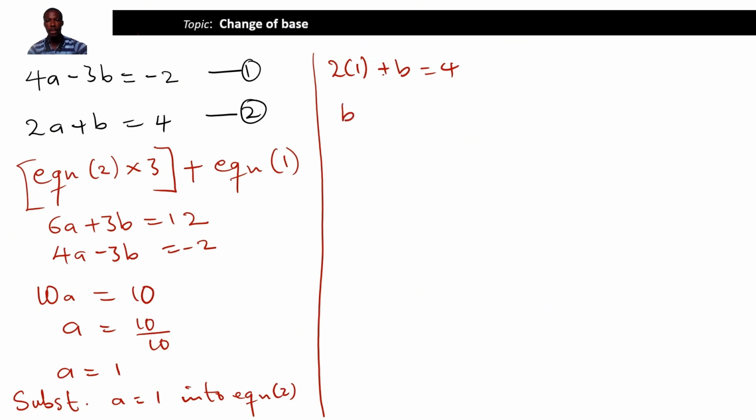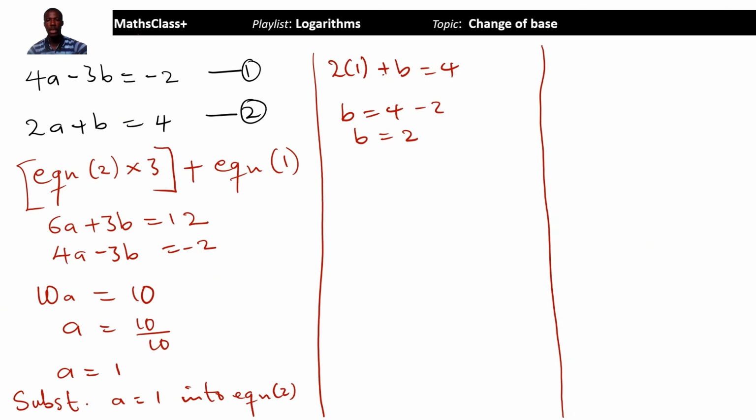That means that b is equal to 4 minus 2. b is equal to 2. Now, let's remember that we used a and b to represent something. So, we continue from there.